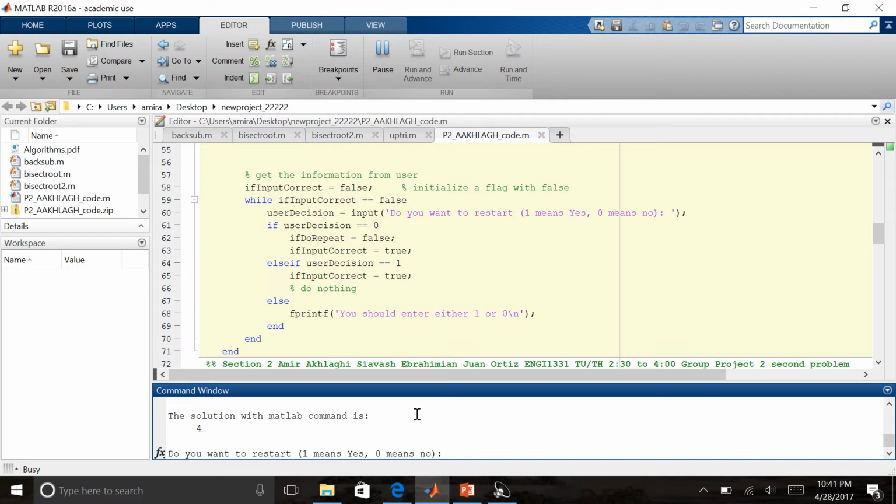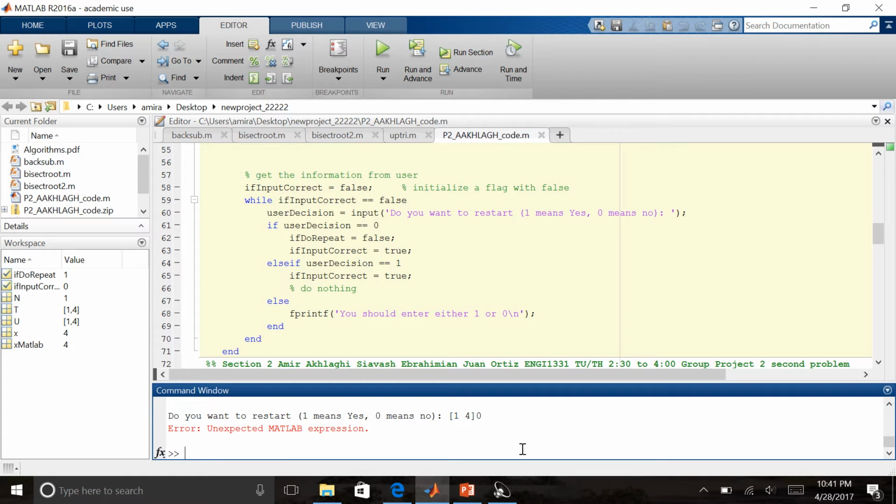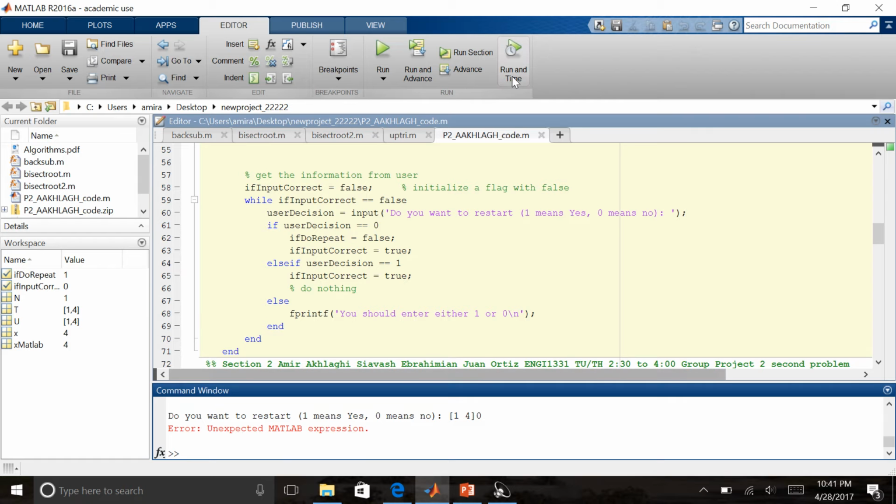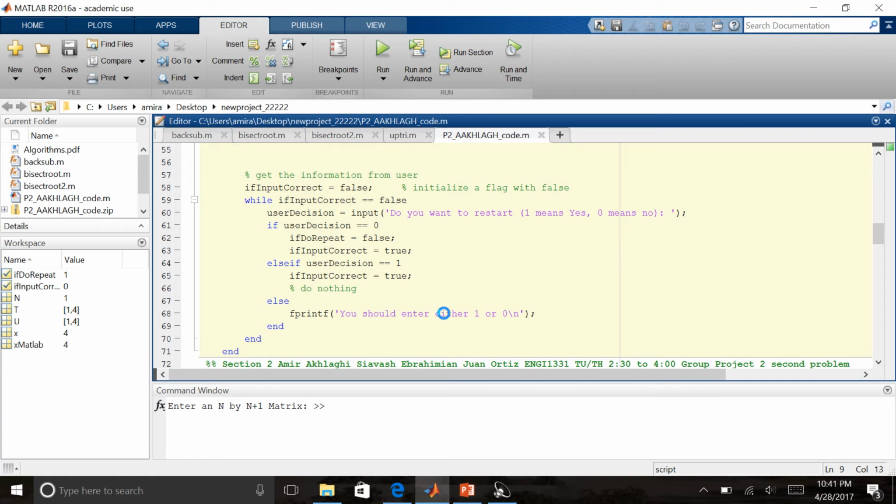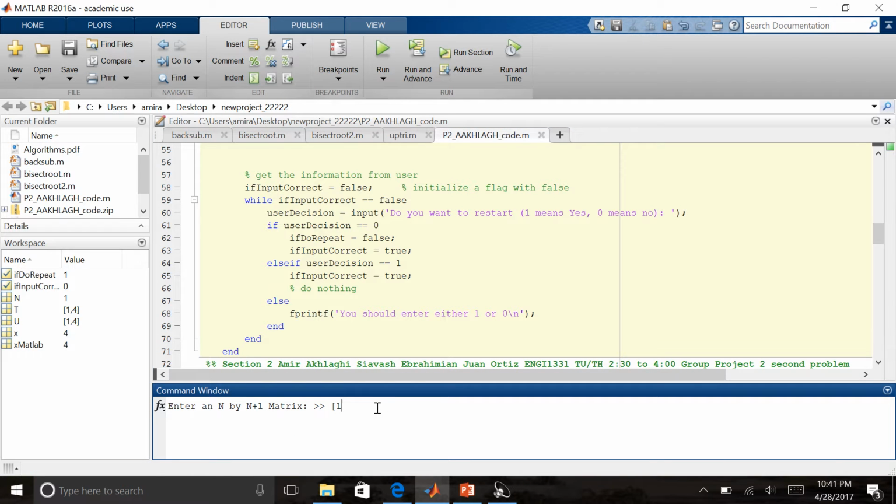Our back sub is 4, of course. The solution is going to be 4, and if we want to restart it, 1 means yes, 0 means no. If I put 0 here, okay, my bad, that one's a mistake, let me run it again. Okay, so let's say we have 1, 4. Then I enter 0, that means no, it'll end the code.